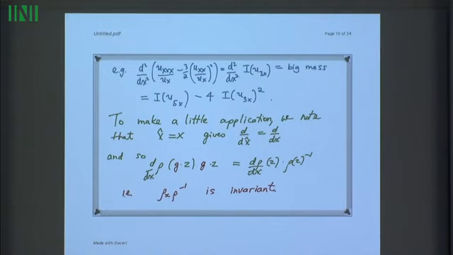So if I use the replacement rule on my big mess, I get something very pretty like that. And so you can see here that the second derivative of my third order one is the invariantization of the fifth order one plus stuff, plus invariant stuff. So let's make a little application.